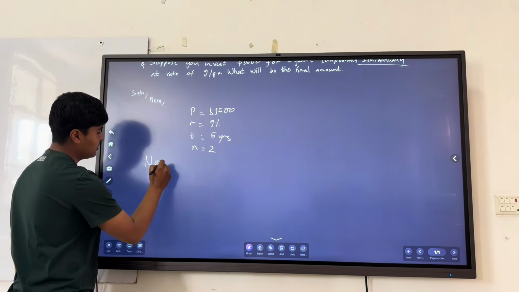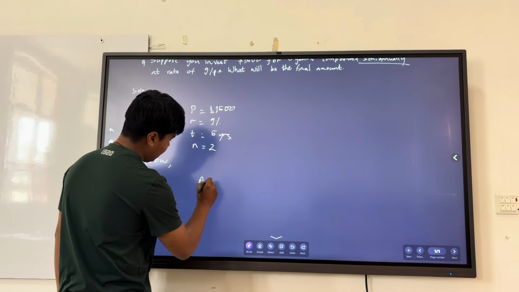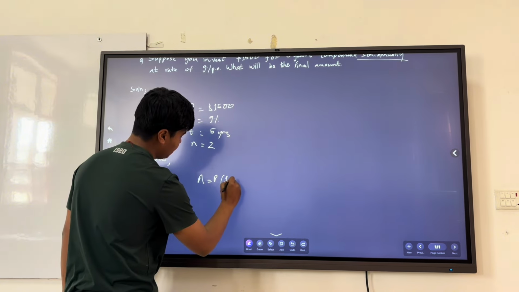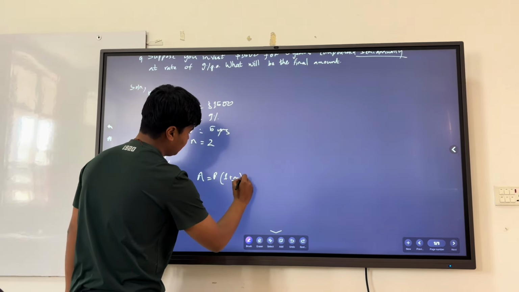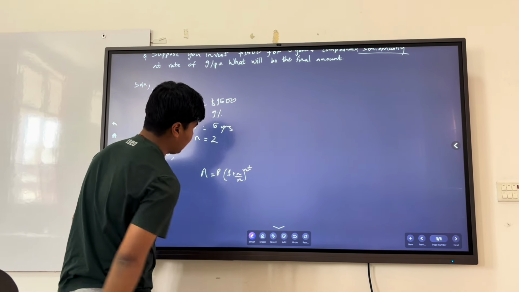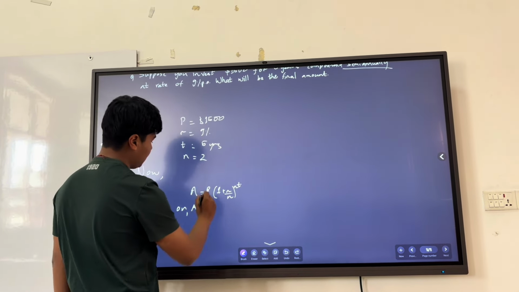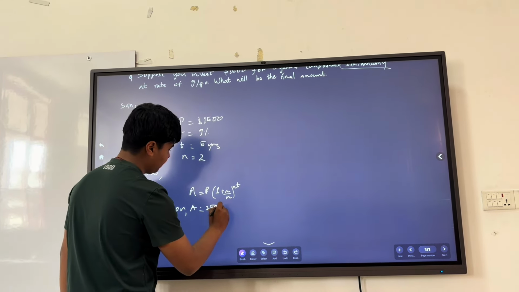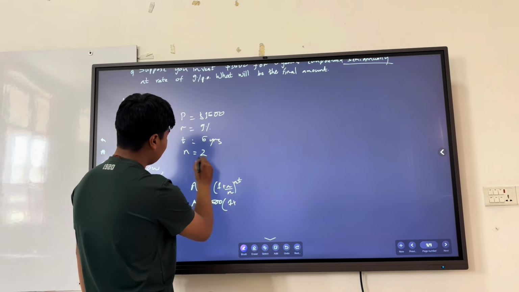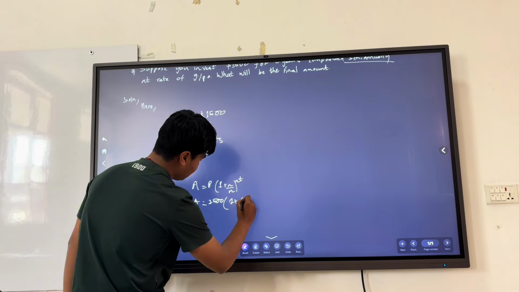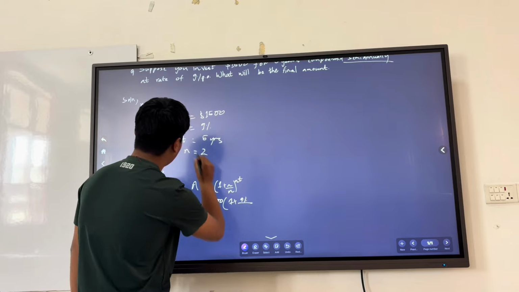Now, using the formula, A equals P bracket 1 plus R by N to the power N into T, or A equals P, here it is 1500, 1 plus R is given as 9%, so we will put 9% by N is 2.